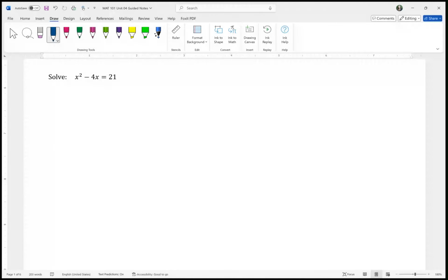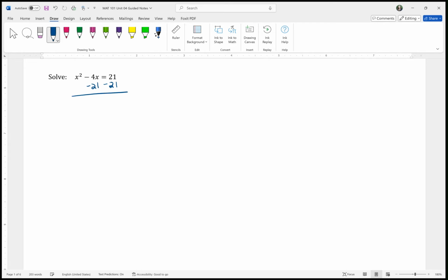Okay, so looking back at our steps, hopefully you wrote those down or you have notes that you can go by. So step 1 was get it equal to 0. So is this equal 0? In this case, no. So we're going to move the 21 over using the same rules that we would do for linear equations. So changing the sign here.